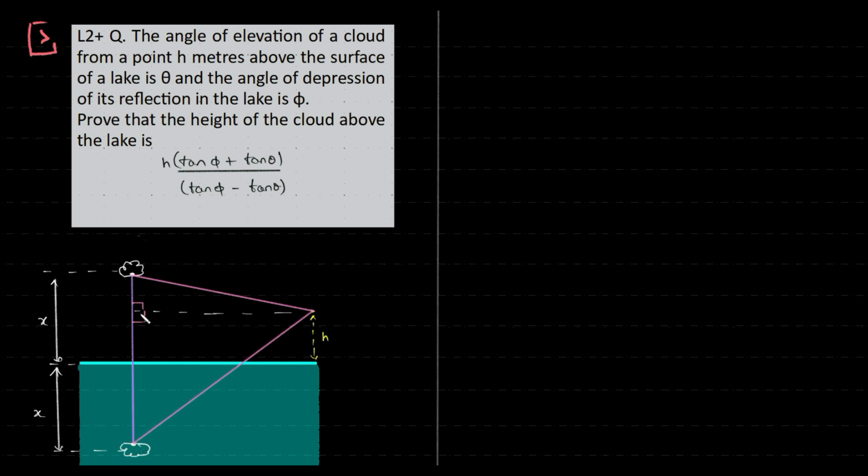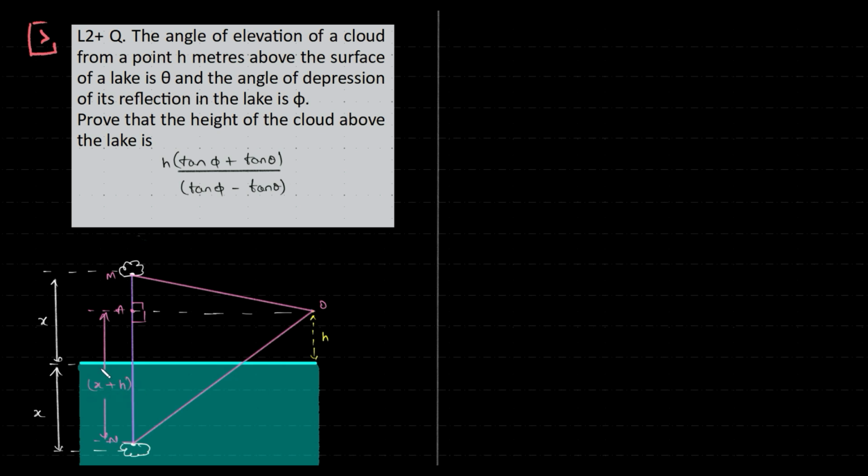This is 90 degrees, 90 degrees, and this is some point O. This can be O, this can be A, this can be M, and this can be N. So guys, question to you all is, what is the distance from A to N? What is this length? This length is x plus h, right?